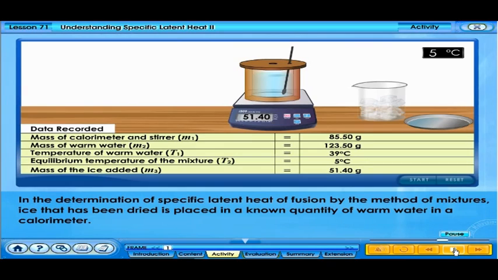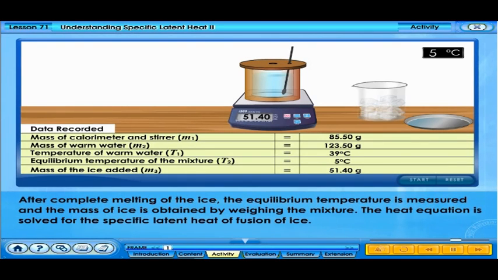In the determination of the specific latent heat of fusion by the method of mixtures, ice that has been dried is placed in a known quantity of warm water in a calorimeter. After complete melting of the ice, the equilibrium temperature is measured and the mass of ice is obtained by weighing the mixture.